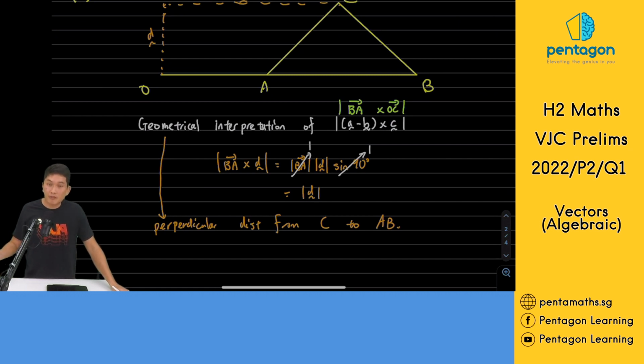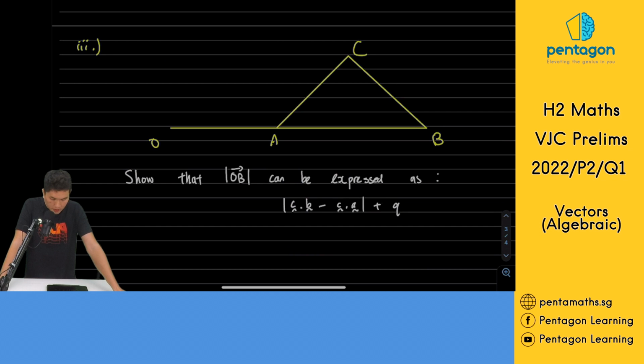Now let's move on to part 3. Part 3 is saying to show that the length of the vector OB, or the line segment OB, can be expressed as this expression over here: modulus of C dot B minus C dot A plus a constant Q. Now, this might be familiar to you. It looks like an expanded bracket.